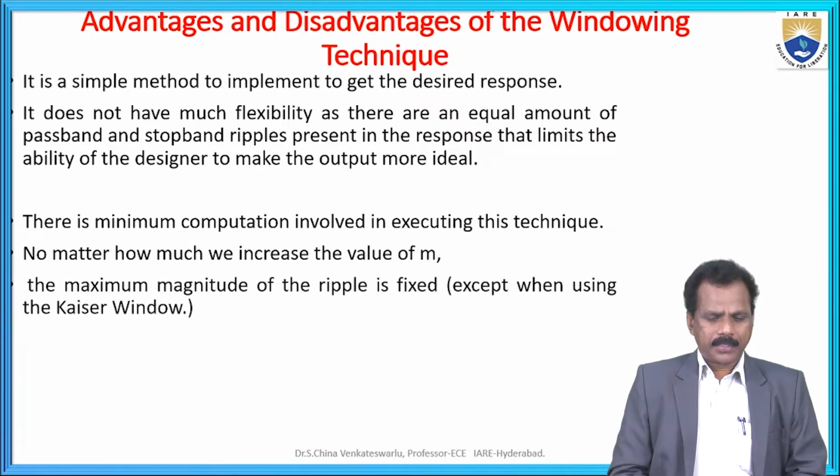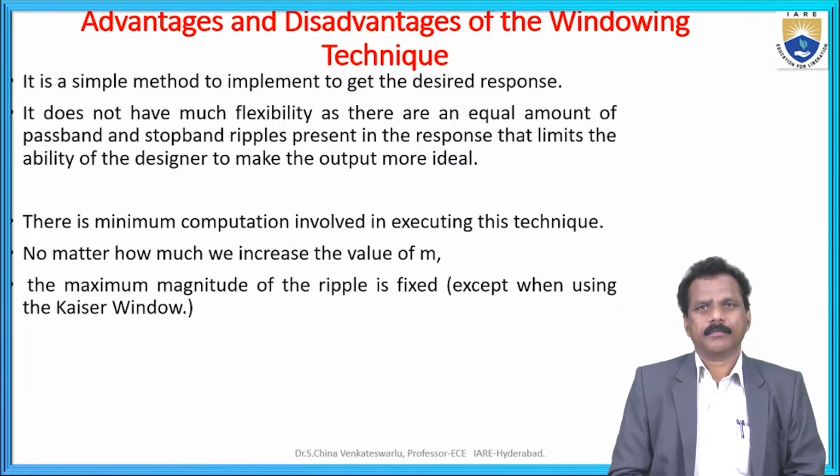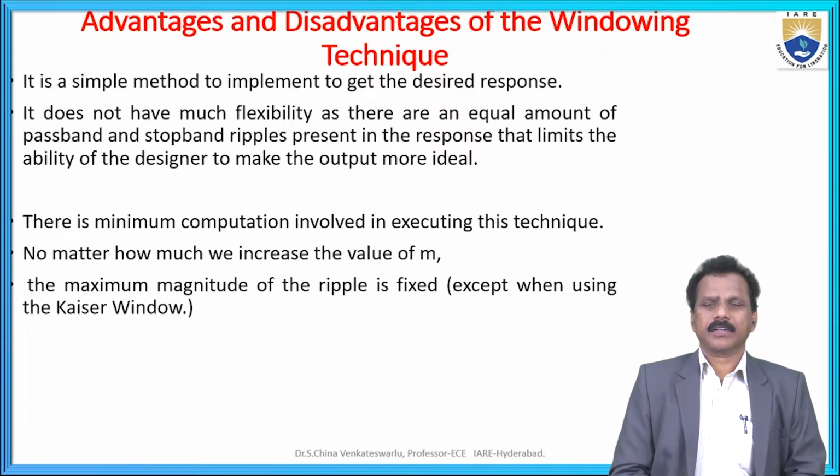The maximum magnitude of the ripple is fixed, except when using the Kaiser window. The remaining ones, Hamming, Hanning and Blackman windows and so on, have the maximum magnitude of the ripple fixed, other than the Kaiser window.